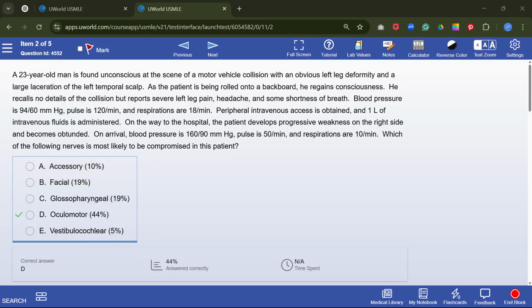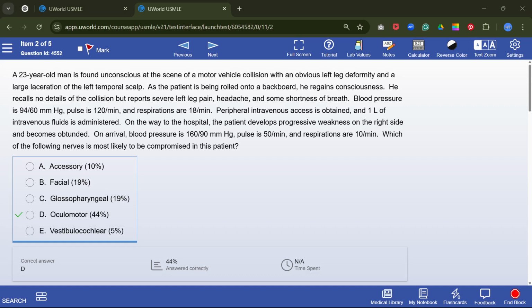If we look at this question, this 23-year-old man is found unconscious at the scene of a motor vehicle collision. Left leg deformity, large laceration on the left temporal skull, so the left temporal skull is involved.